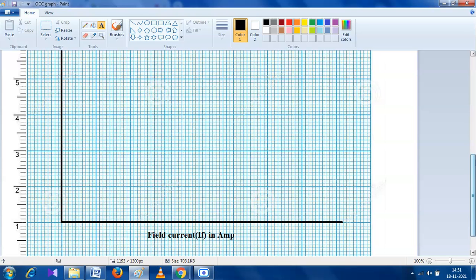What should be the smallest division for the graph on the x-axis and also the y-axis?